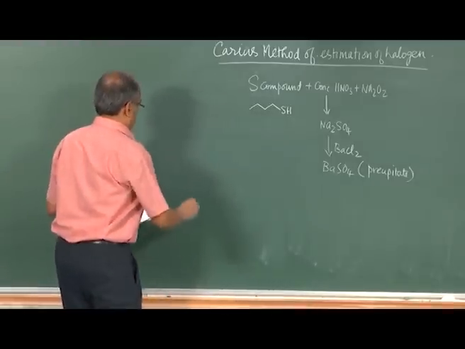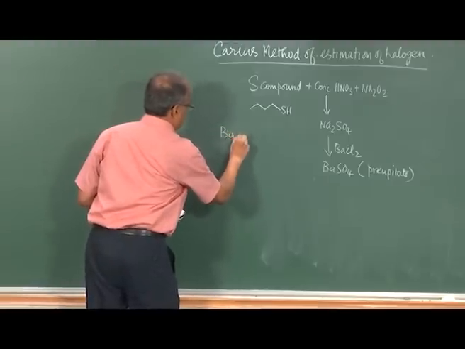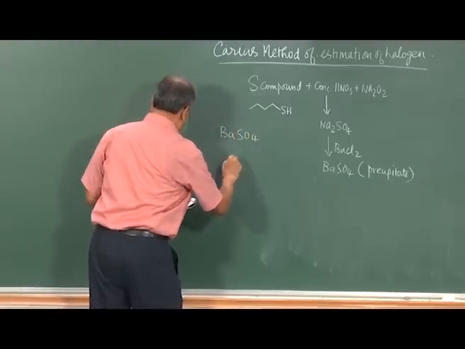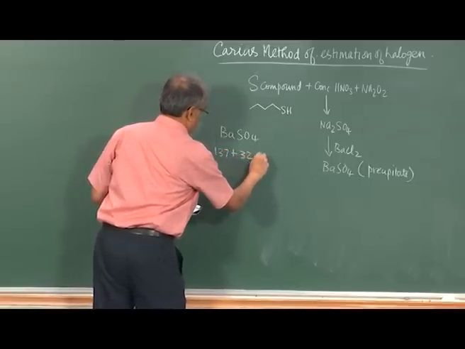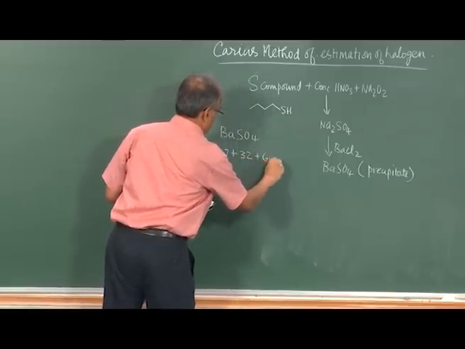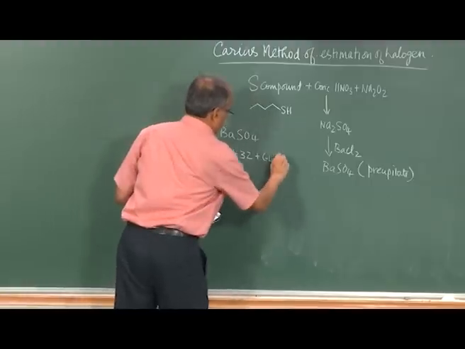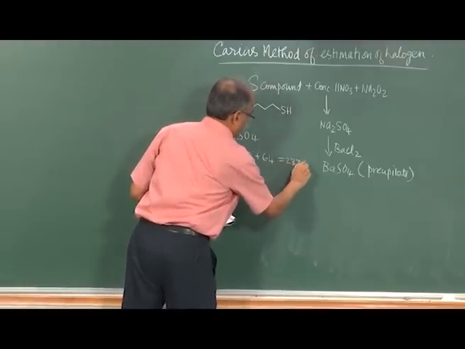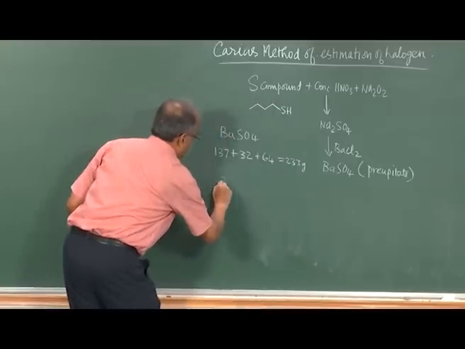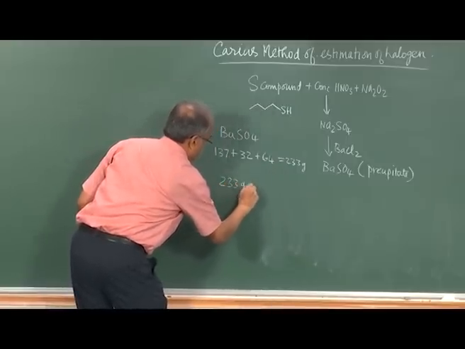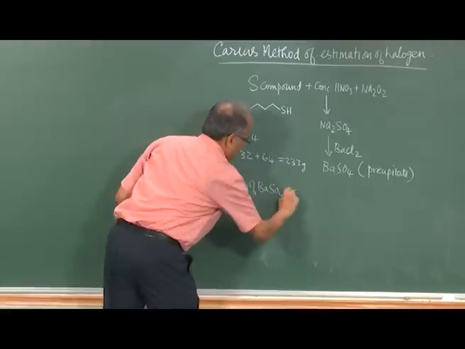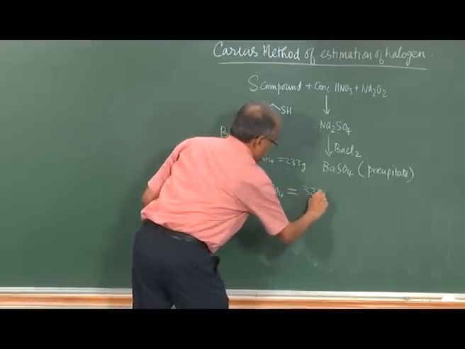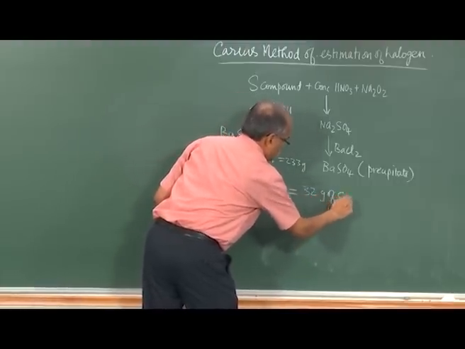In case of barium sulfate, the molecular weight is 137 for barium, 32 for sulfur and 64 for oxygen. Totally it is 233 grams. 233 grams of barium sulfate contains 32 grams of sulfur.